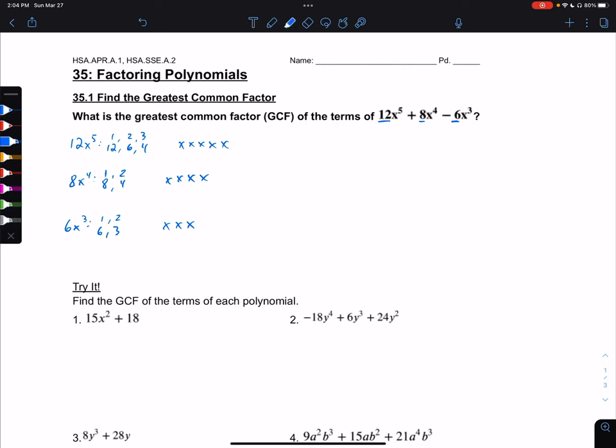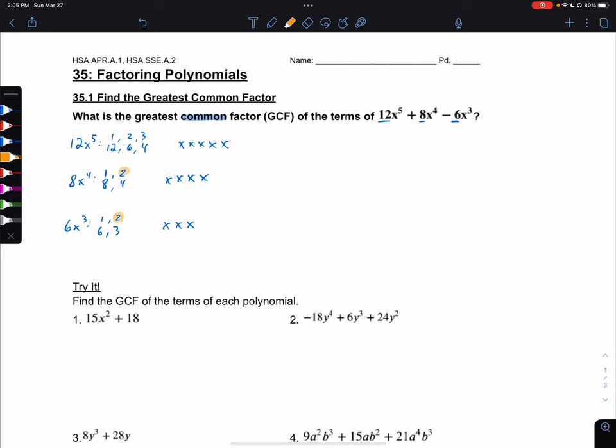Note that we are looking for common factors. So we want to see what they have in common. For the numbers 12, 8, and 6, we want to look at the factors that go into them. Well, 6 goes into both 6 and 12, but it does not go into 8, so we can't use that. 3 goes into 6 and 12, but not into 8, so we can't use that.